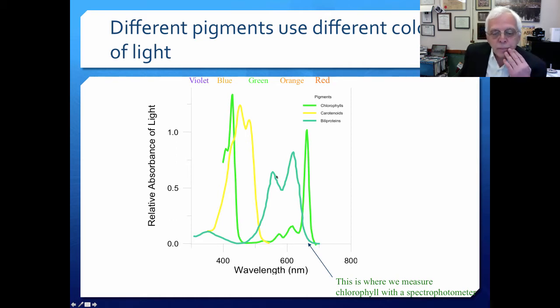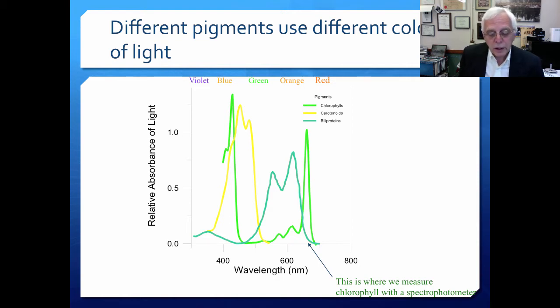This shows that those kinds of photosynthetic pigments have absorbance spectra that accentuate a completely different color of light, in the greens and oranges. You can imagine that if you're a phytoplankton or an algal cell, it does you very little good to have a lot of light of a color that you can't use.